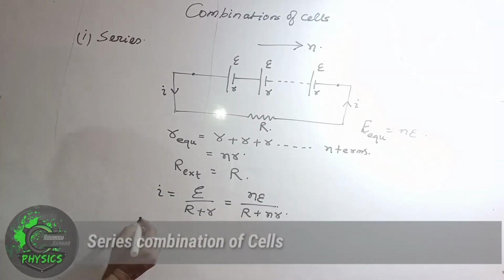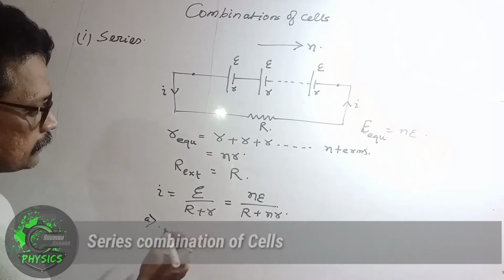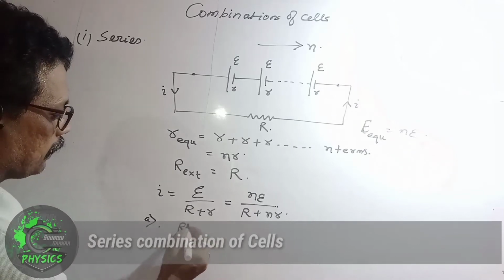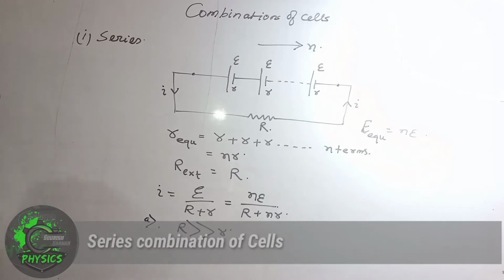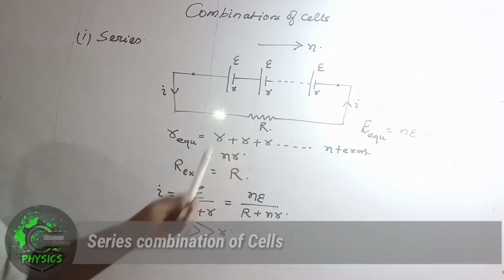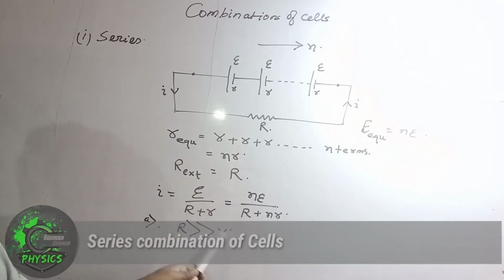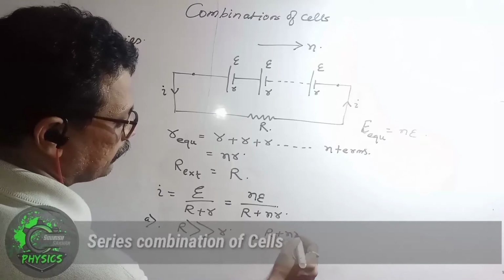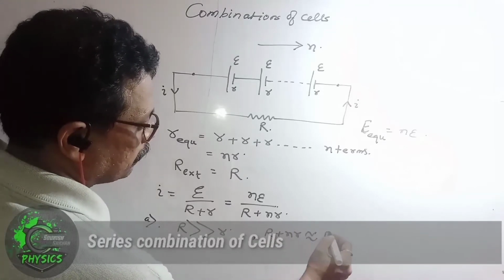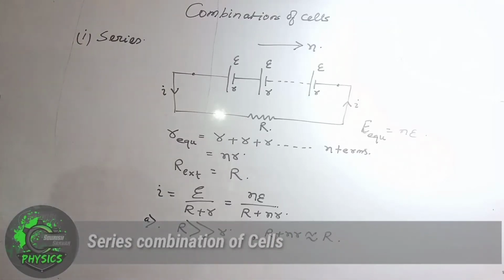Now in this case we are going to discuss 2 different situations. First situation is, suppose capital R is very much larger than small r. If the external resistance connected in the circuit is very much larger than internal resistance, in that case R plus nr is nearly equal to capital R, meaning you are going to neglect this nr.